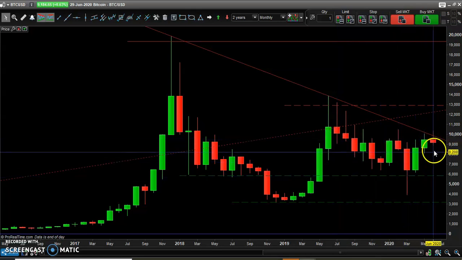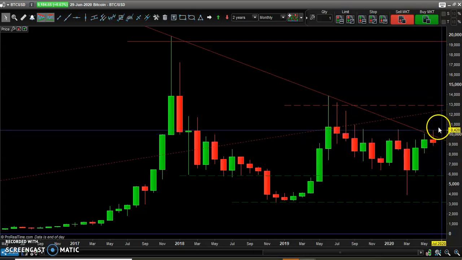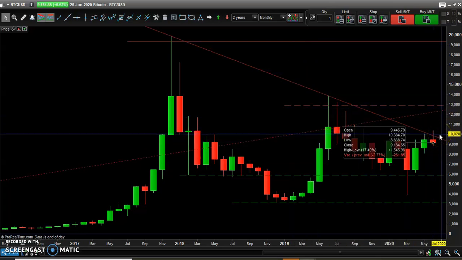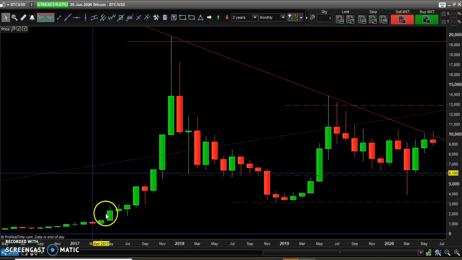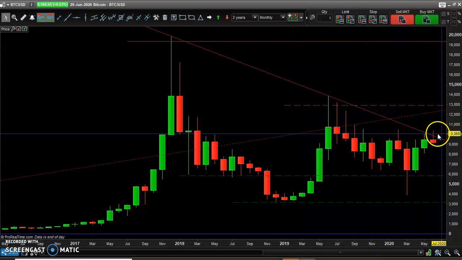So before triggering any kind of long, we want to have a really strong breakout above this area. Again, we want to see a very long white candle, something like this or like this or like this, with a very long amplitude between the low and the high.